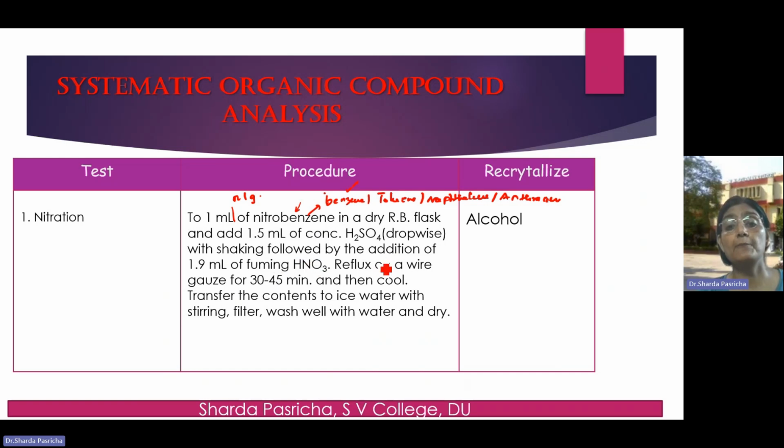Then put the air condenser and reflux on wire gauze for about 30 to 45 minutes. Check for completion of reaction. How do you check for completion of reaction? Put a glass rod inside. In a test tube, take some ice water, stir the glass rod with some reaction mixture stuck to it. And if you see the solid being formed, the nitration is over. Otherwise, continue for another 5 to 10 minutes and again check for completion of reaction.